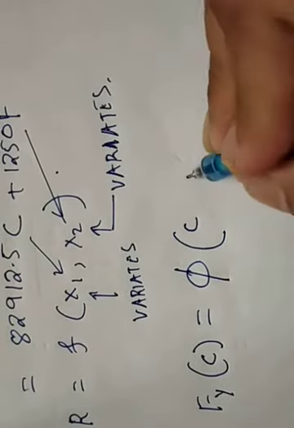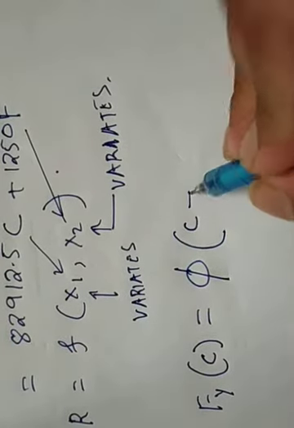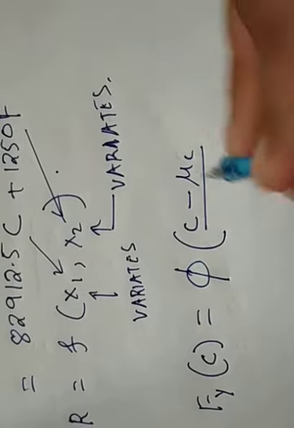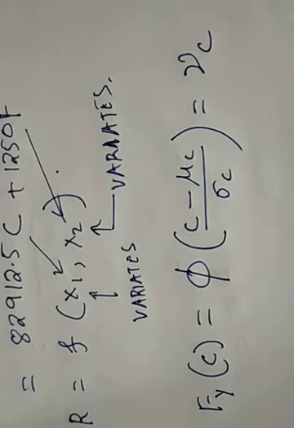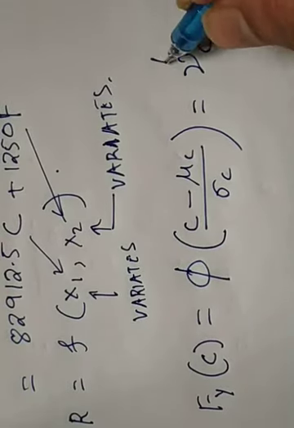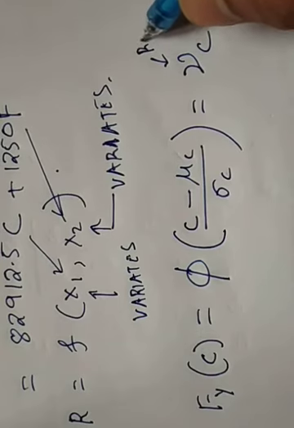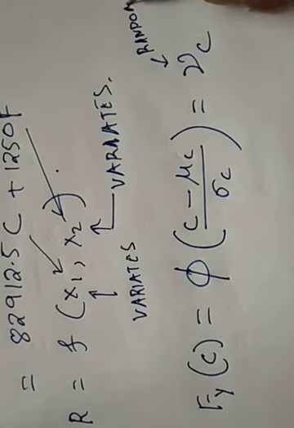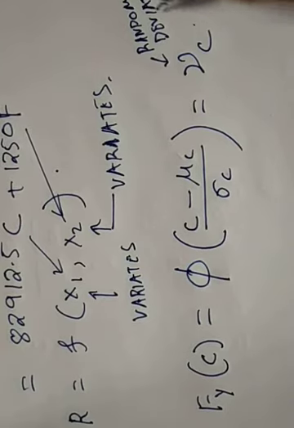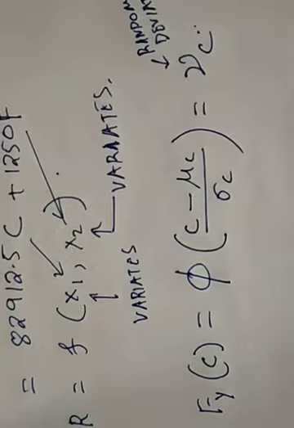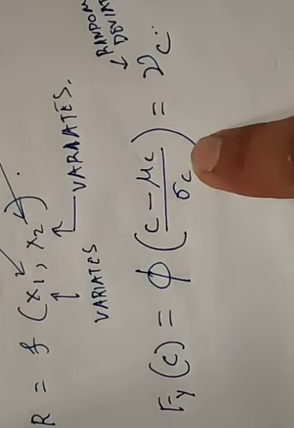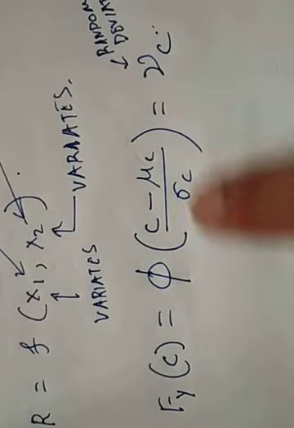Psi of C is my cube strength minus mu of C divided by sigma of C. This would be my variate, the random deviate for C, right? Okay, random deviate for C. So this is going to be my random deviate for C.